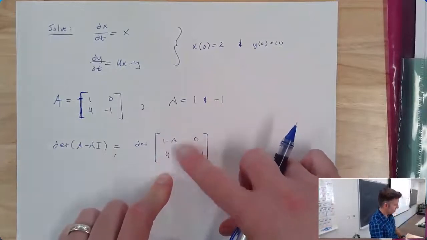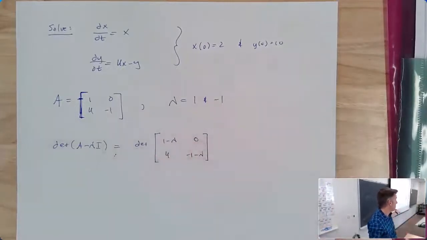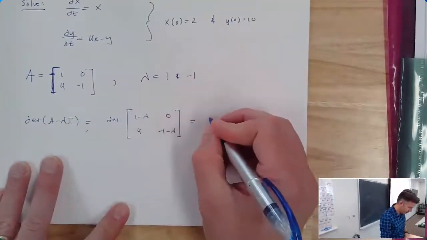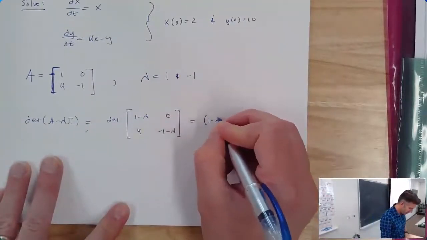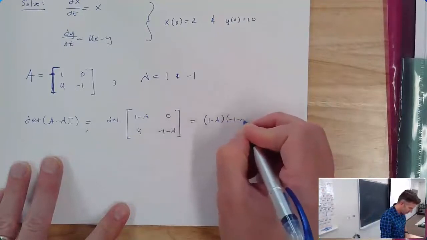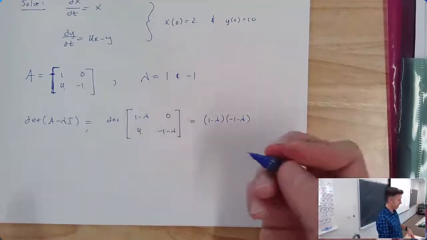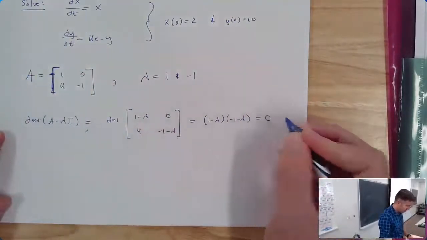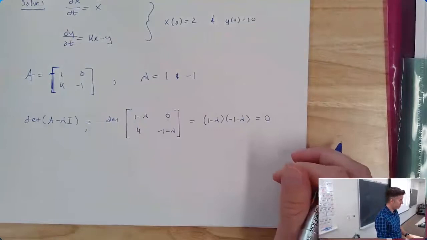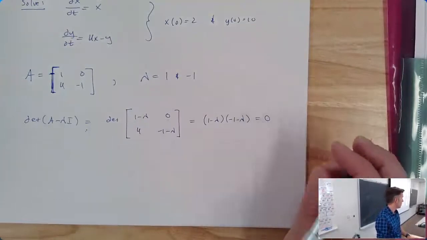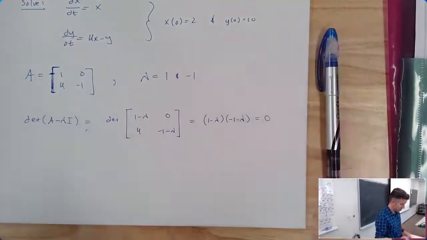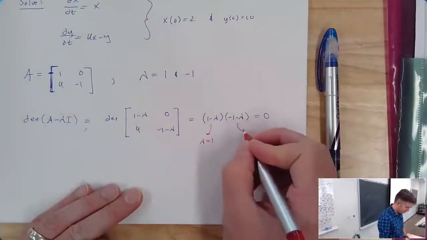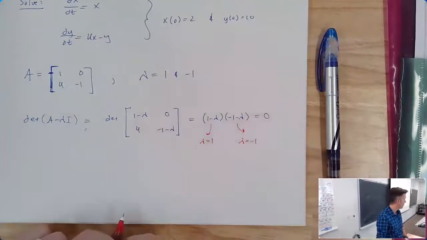And if there's a 0 there or a 0 there or both, that's always going to be 0. So you're just going to get the product of these two pieces. The determinant is 1 minus lambda times negative 1 minus lambda, minus 0, which I'm not going to write down, and then you set that equal to 0. It's real straightforward to see what the solutions are. It's always just going to be setting each factor equal to 0. There we get lambda equal to 1. There we get lambda equal to negative 1.